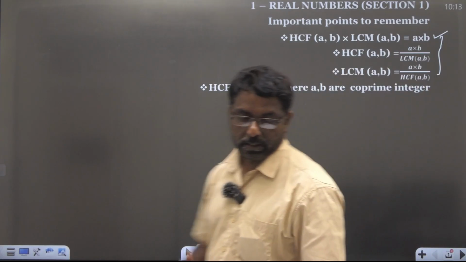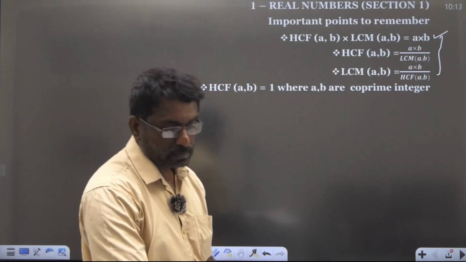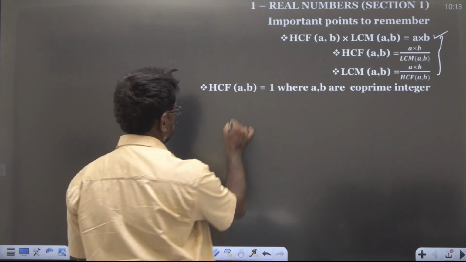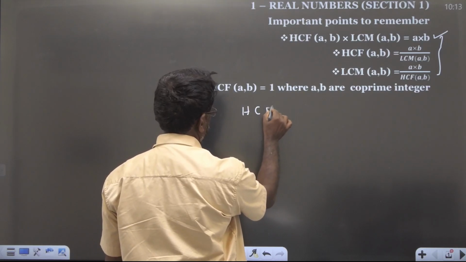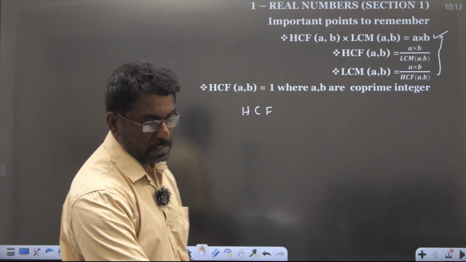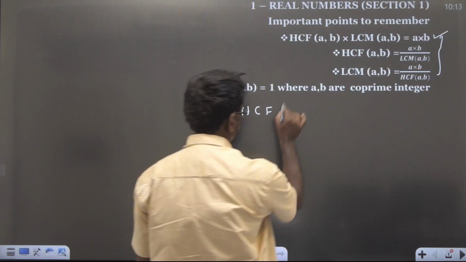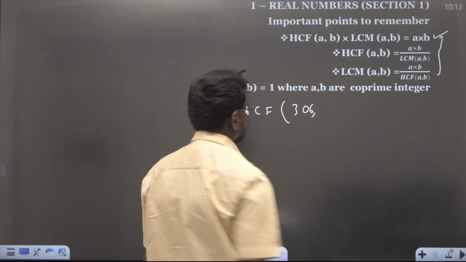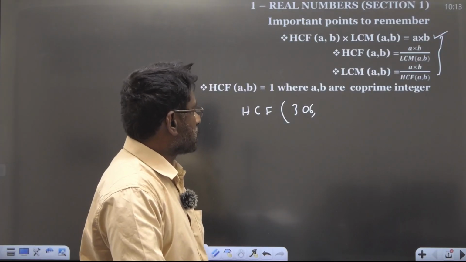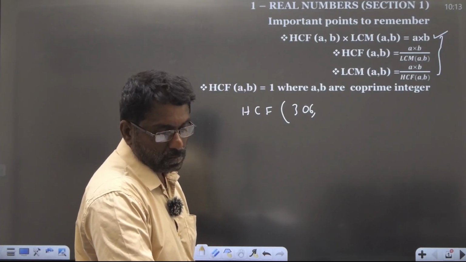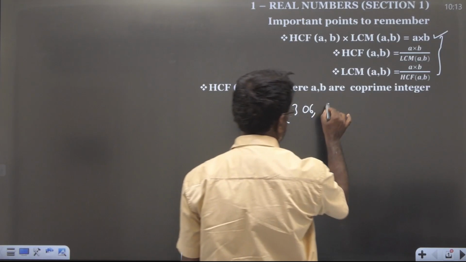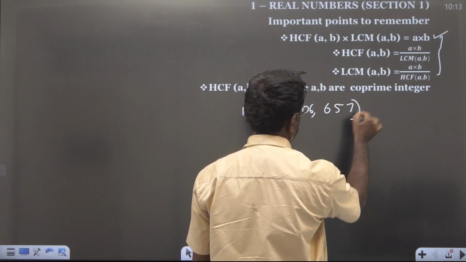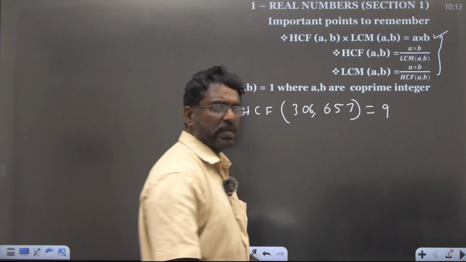Okay, one more question. Given that HCF of 306, 657 is equal to 9. That is given.